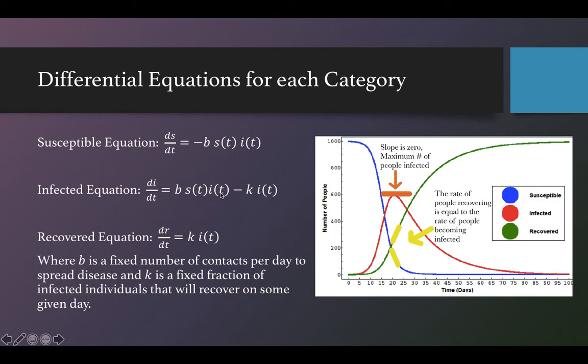You can see that in the infected equation. We've got this rate here, which is our rate of people becoming infected, minus the rate here of people who are recovering. So when that is 0, then our slope here is going to be 0.